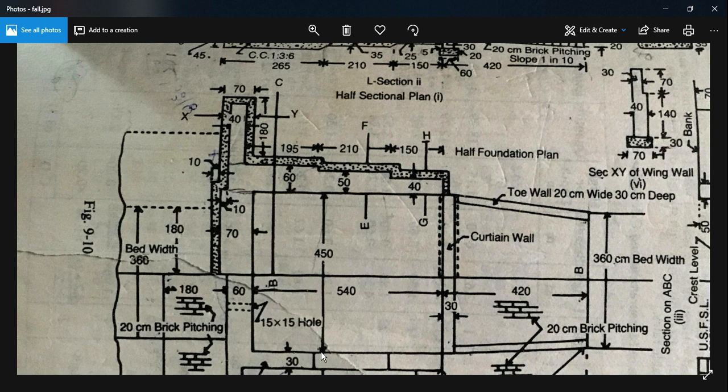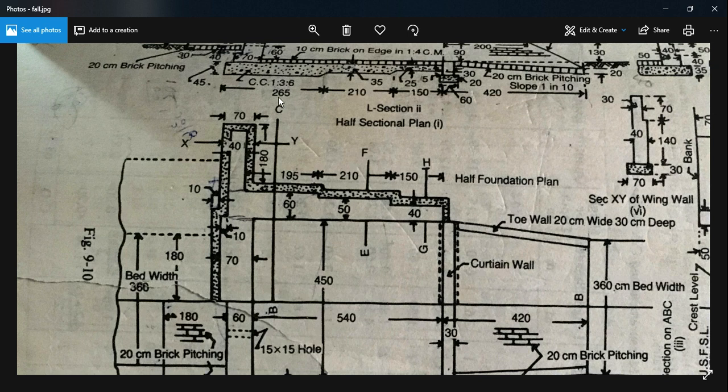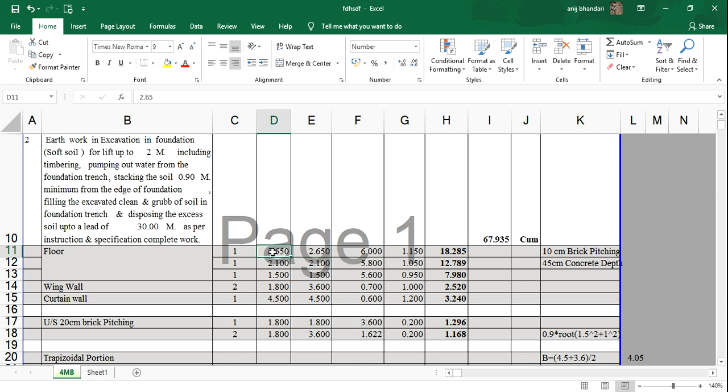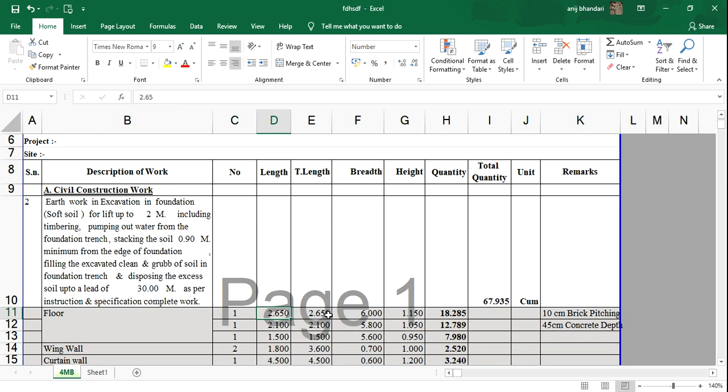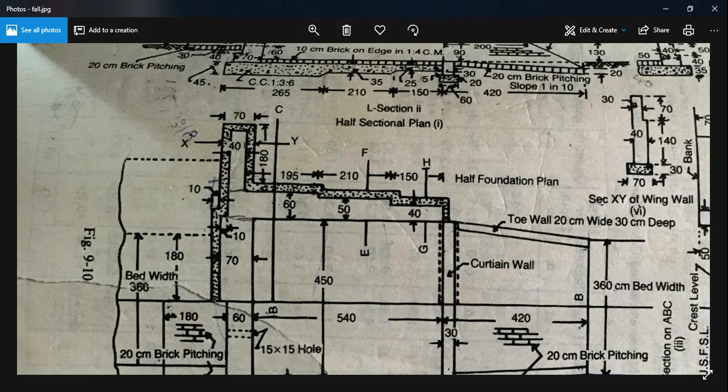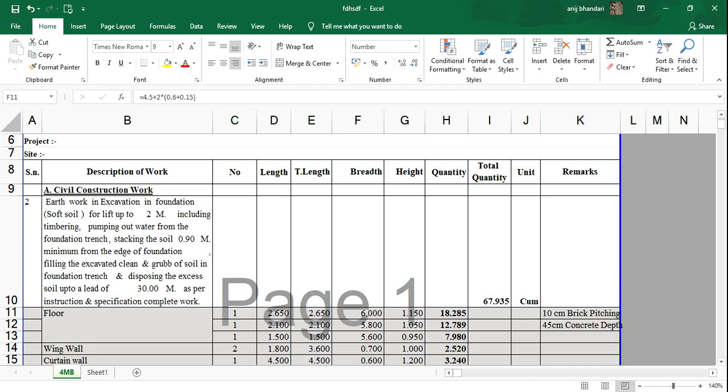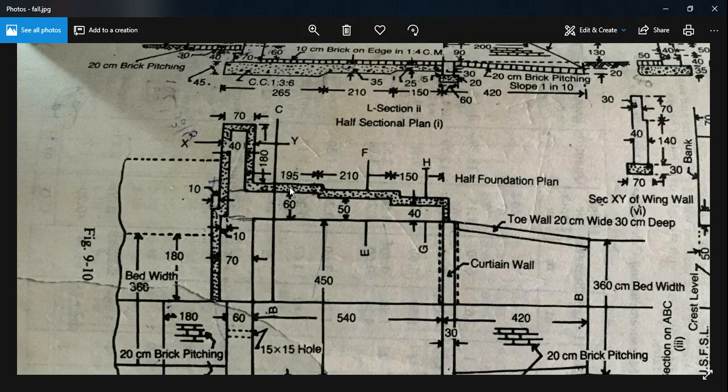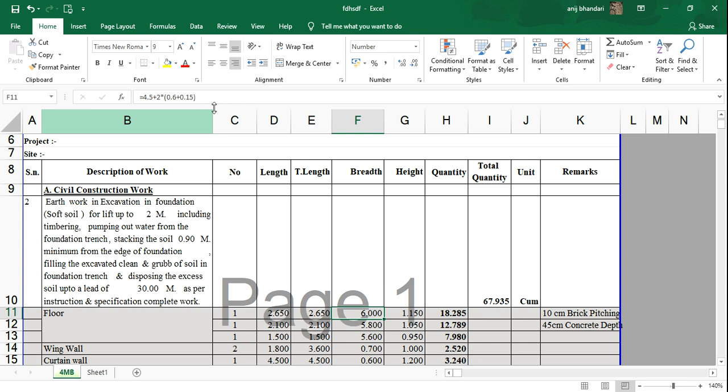So 450 plus 2 times 60 plus 2 times 15 gives the width for 2.65 meter length. This is my length, this is my breadth. So breadth would be 4.5 plus twice 0.6 plus twice 0.15. 70 minus 40 is 30, 30 divided by 2 is 15.